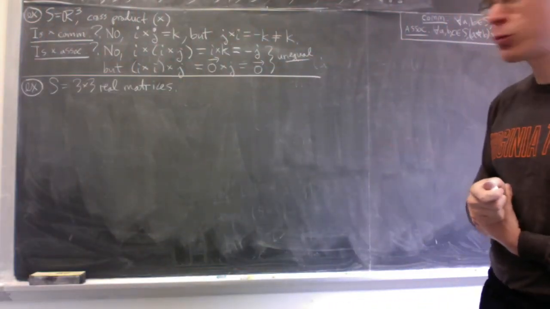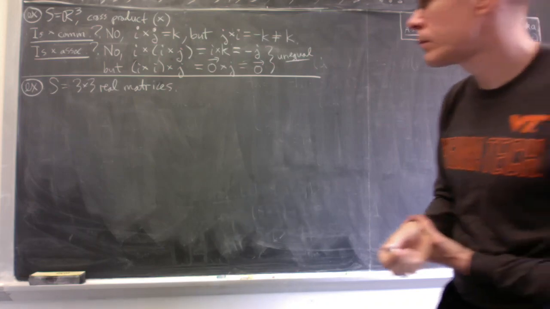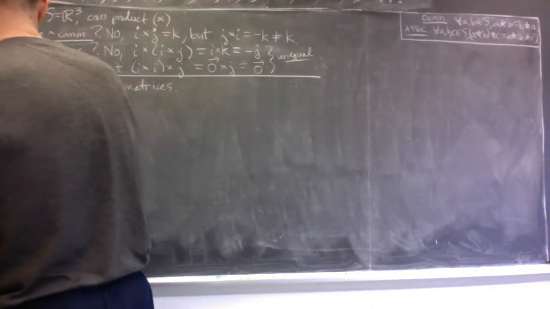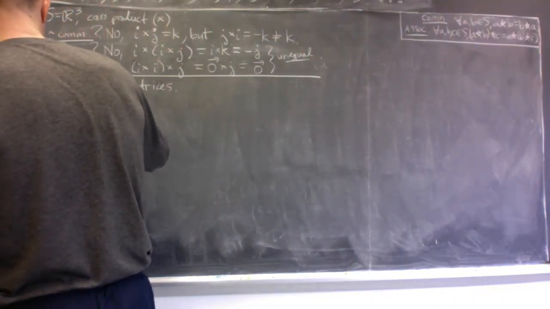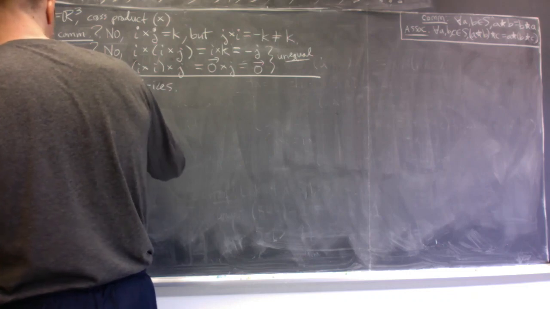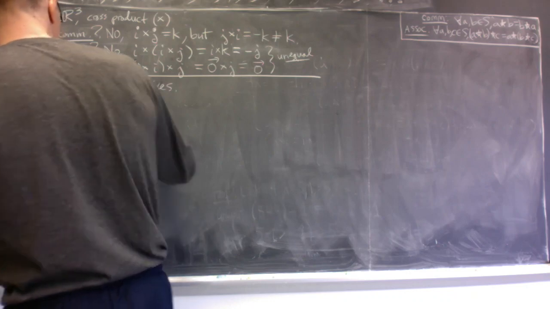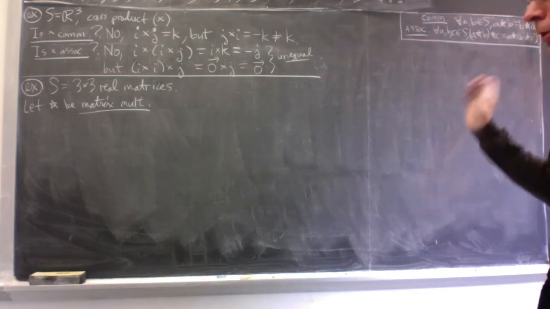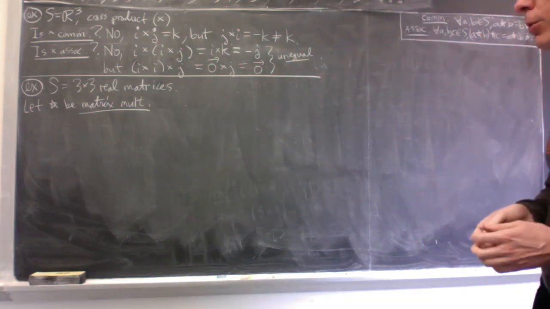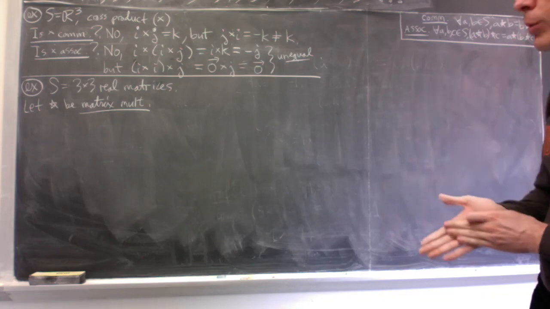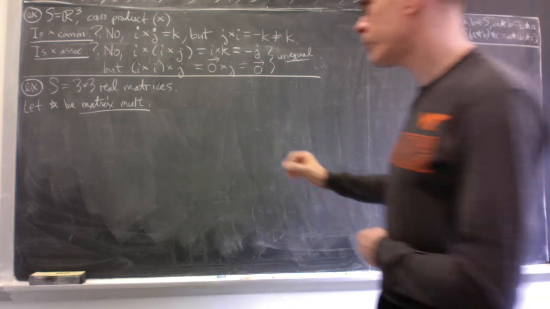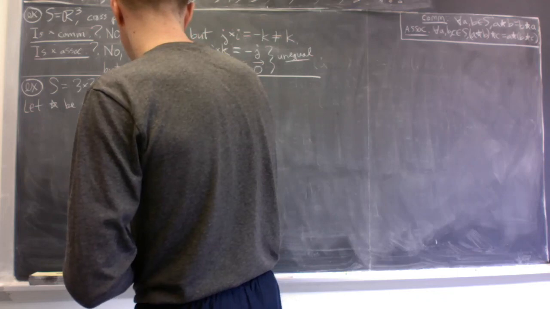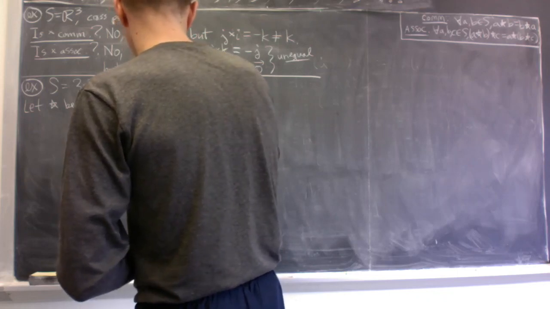We could think about matrix multiplication on this set. If you take two 3 by 3 matrices, you can multiply them by the usual rule, and you always get another 3 by 3 matrix coming out. So it is a binary operation, first of all.